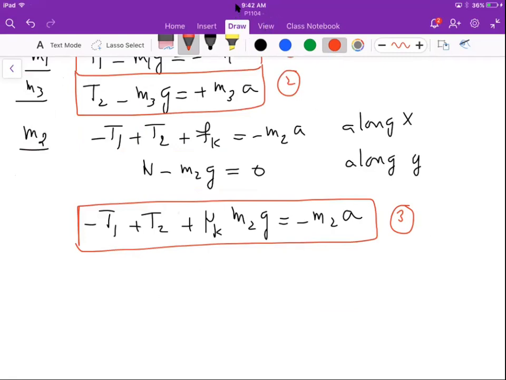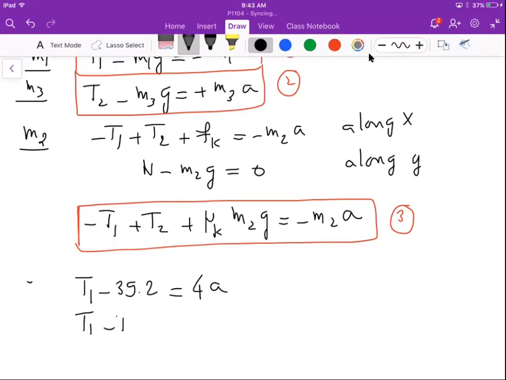So I will give you the answers. For the answers, the equations are: the first one is T1 minus M1G, which is 39.2, is equal to 4A. Then the second one is minus T1 plus T2 plus mu K M2G, which is 0.35 times 9.8 Newton.